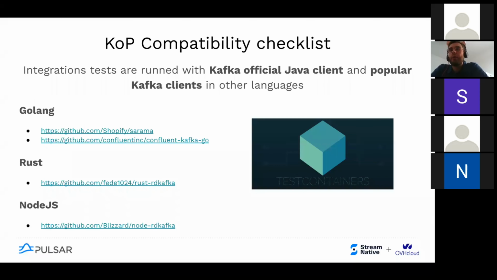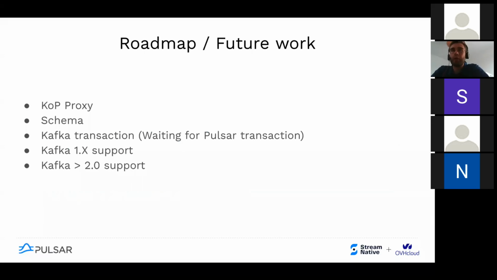So when you run tests on KoP, you start this integration test, and you test clients such as Sarama in Golang, the official Confluent client, and we also have some tests in Rust and Node.js. And most of the clients that are using librdkafka should be working. That was a goal on our side.